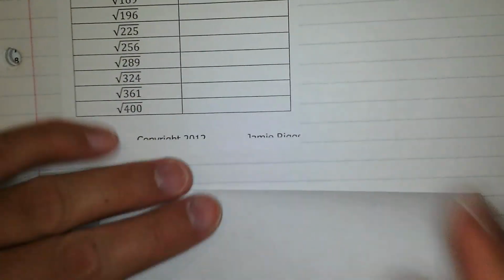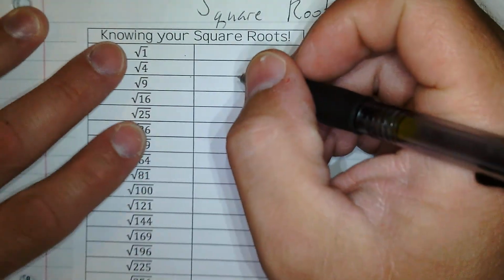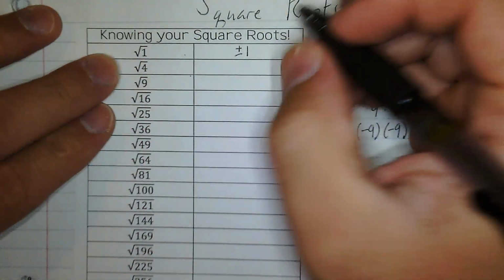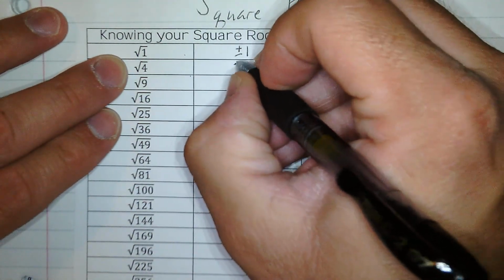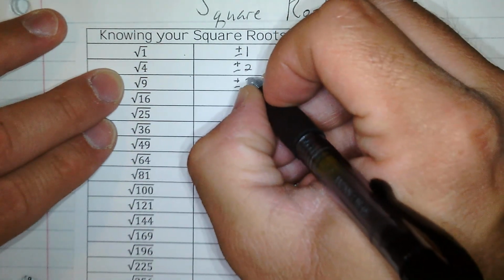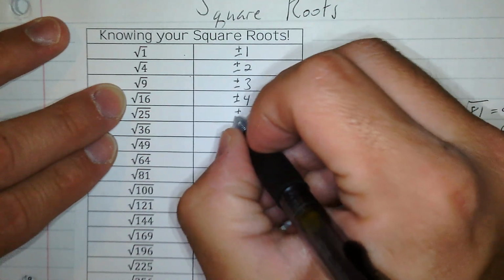Up here I have this whole table that we've already done. So, the square root of 1 is going to be plus or minus 1. Square root of 4 is positive or negative 2. Square root of 9 is positive or negative 3. Square root of 16 is positive or negative 4.